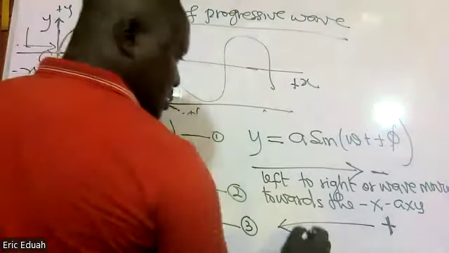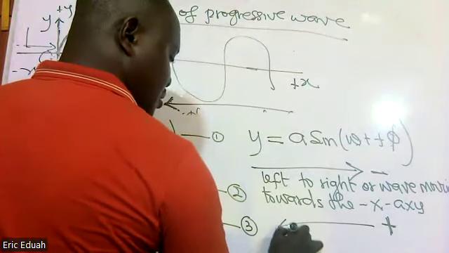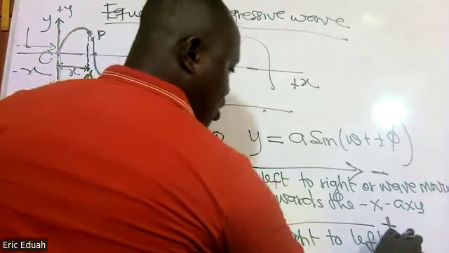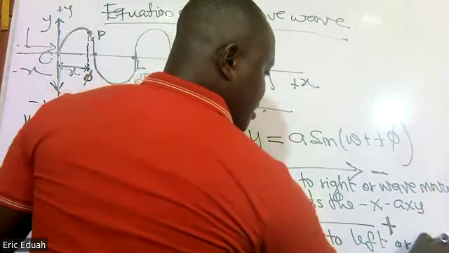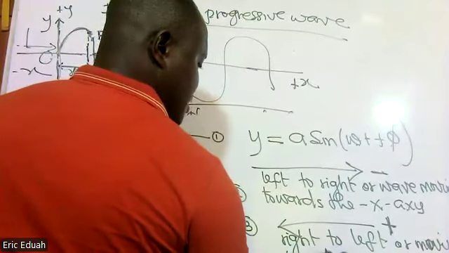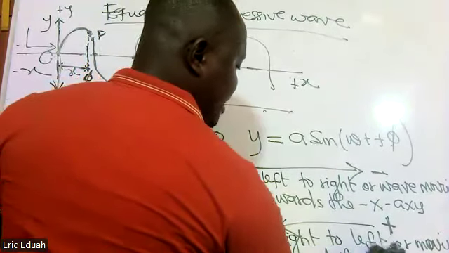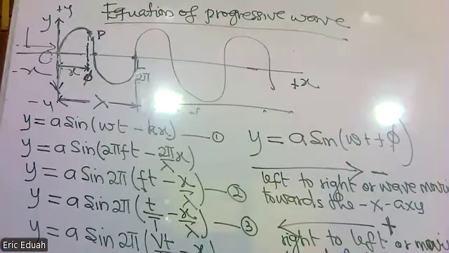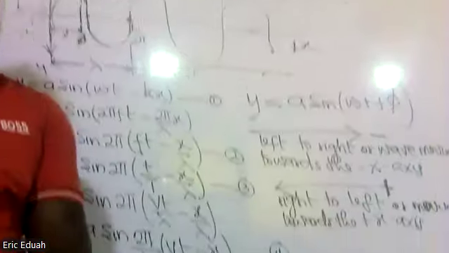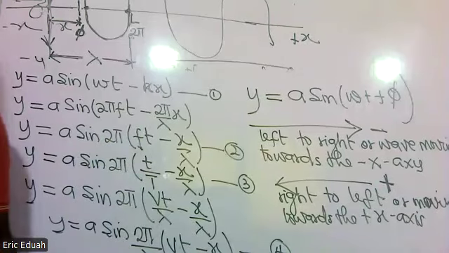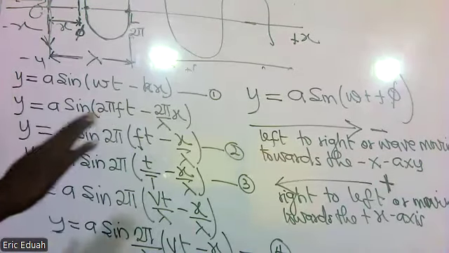And this is the wave moving from right to left, the negative x-axis. If it is minus, the wave is moving towards the positive x-axis. Ladies and gentlemen, that is the difference. That's just the difference. All other relations or equations are as stated.